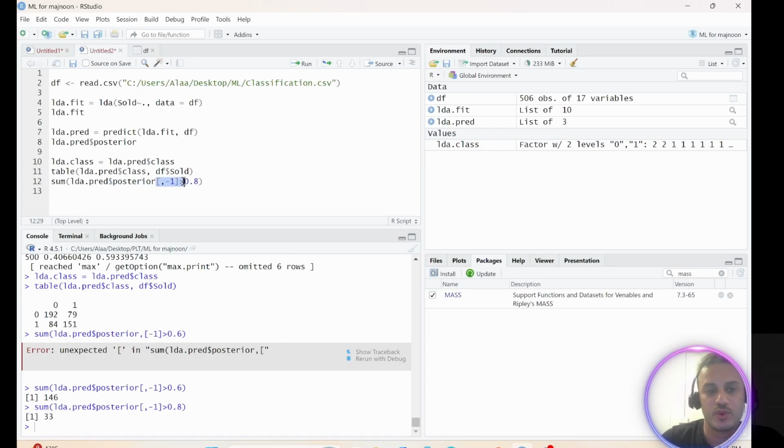This way we don't include the 0. That means this house is sold and bigger than 0.8. So we have 33 samples bigger than 0.8, with probability of being 0.8. So this is all you need to know in the LDA.